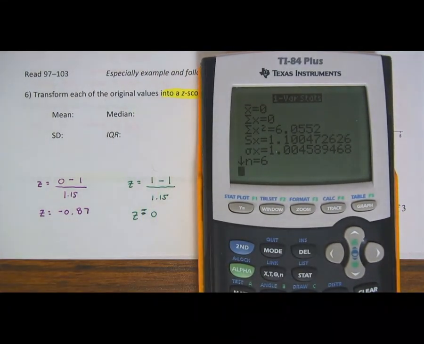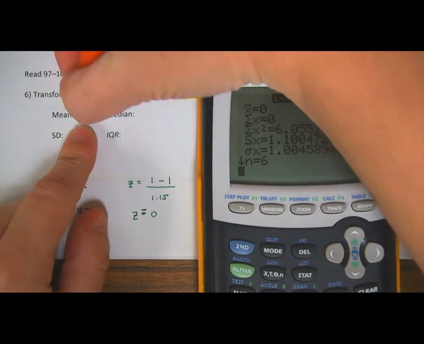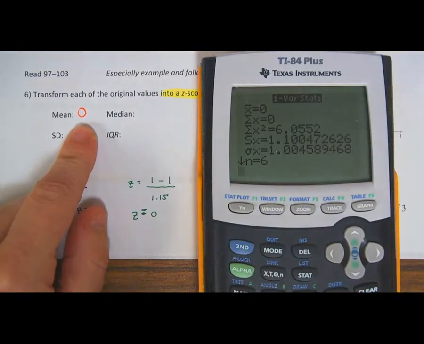This will lead us into our next lesson. When you take any data set and you standardize every single one of those numbers, your mean will always end up being 0.